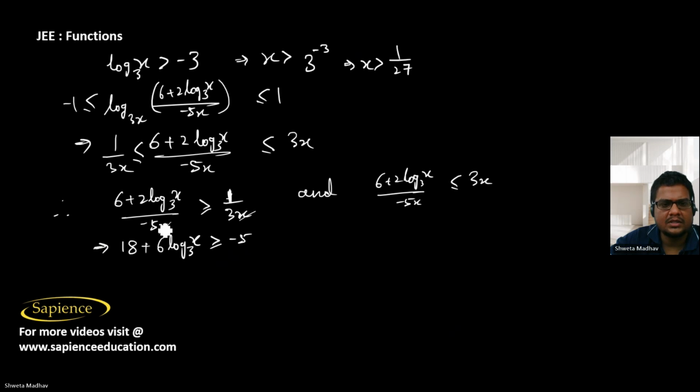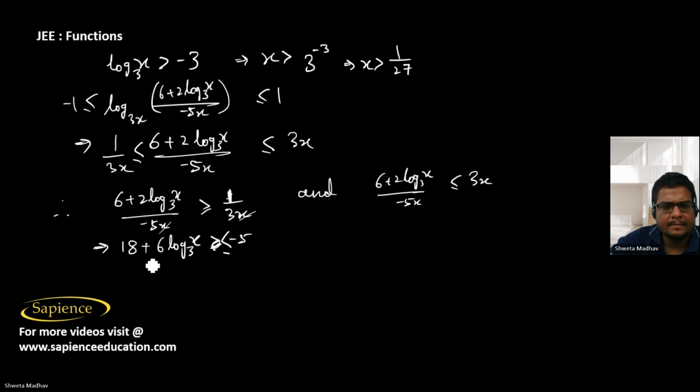We are multiplying with minus 5 on both sides, so the inequality sign will change. Multiplying with 3 on both sides, the inequality sign will not change.